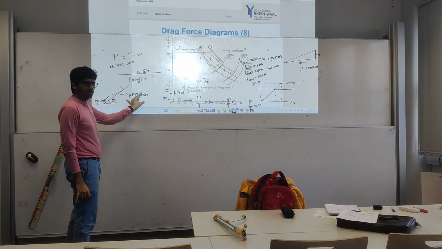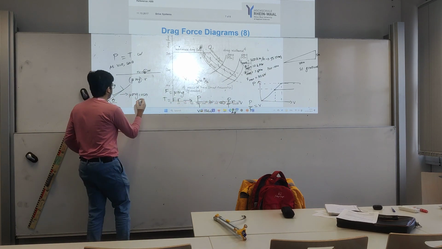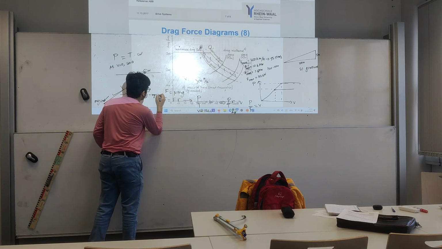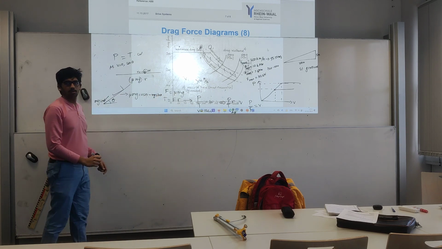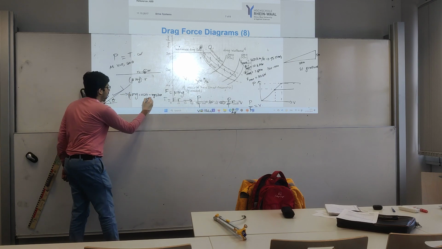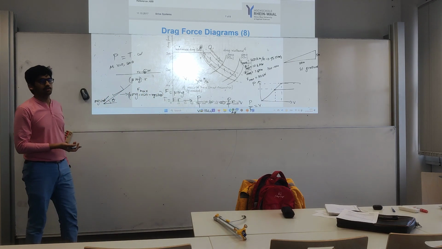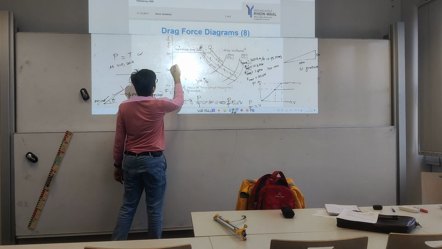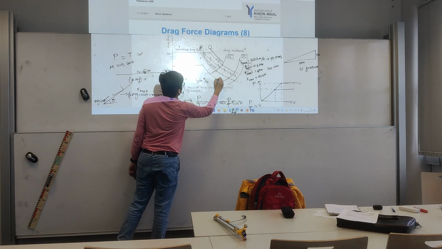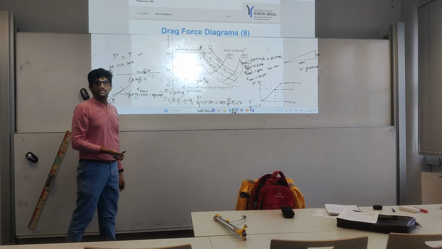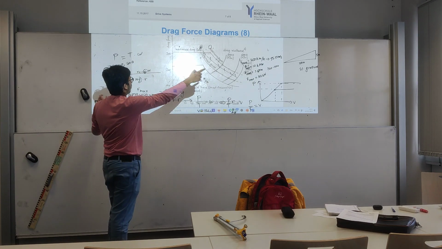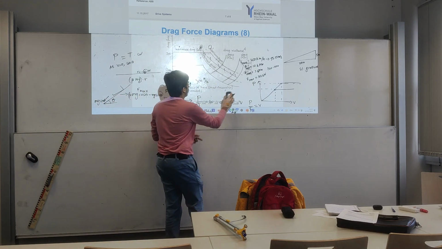First of all, you would have mu mg cos theta, and from that you would have to subtract mg sin theta. So this will be your F max. Then you have a gradient, and that will basically be somewhere lower, like that. Then it will drop similarly. Because the force is lower, it will drop at a higher power, higher velocity.